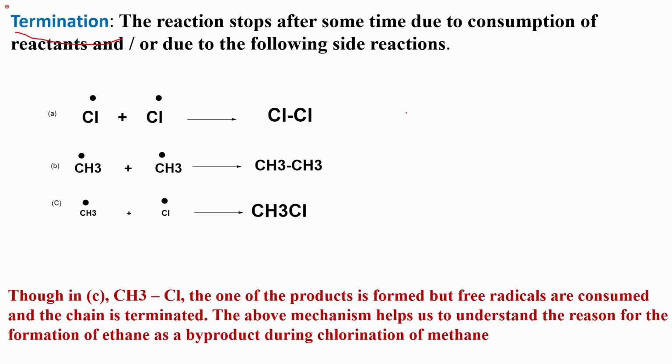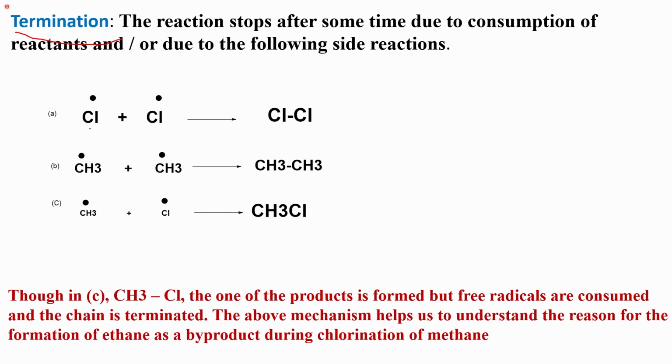How? Either the fully consumption of the starting material happens, or a side product is forming in a larger amount compared to my main product. So that's why maybe my termination step is much more, and that's why I'm not getting my expected product.